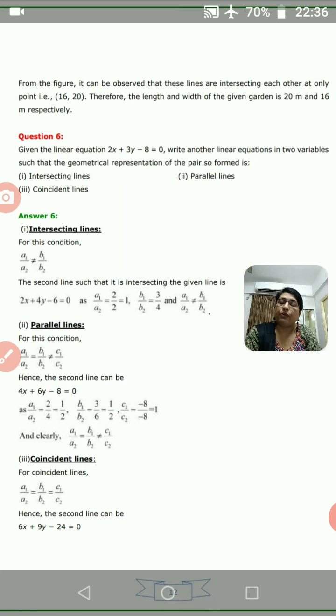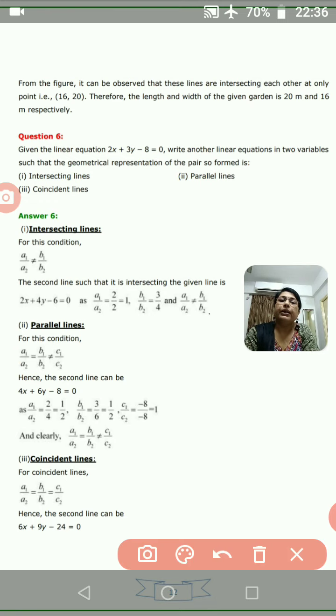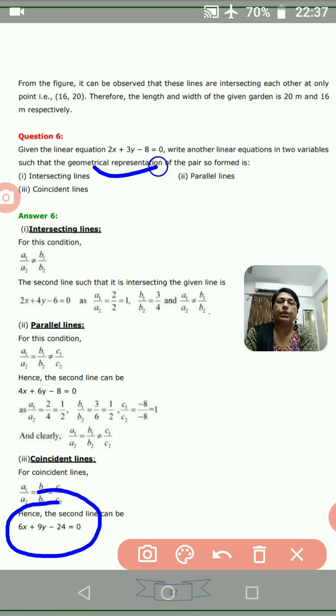So if we want to easily write the coincident lines equation, what we can do is multiply any number with this equation, then we will be able to write the other equation. Suppose here I have written 6x plus 9y minus 24. So to this equation I multiplied 3: 3 twos are 6, 3 threes are 9, and 8 threes are 24.